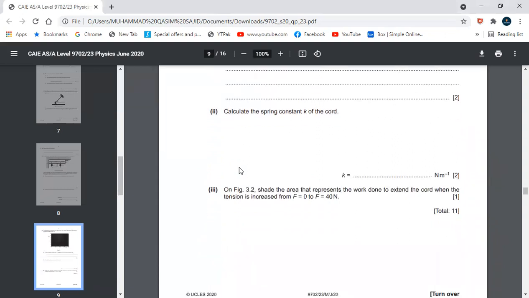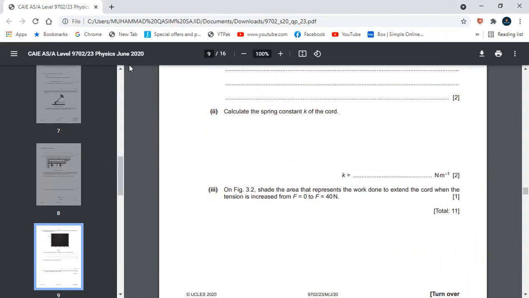The last one is on the figure. The area relative to the work done to extend the cord when the extension is increased from force 0 to this one. So now the force is increased. This is just a 1 mark question.